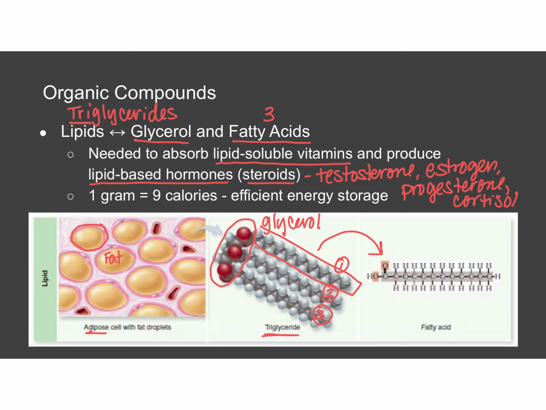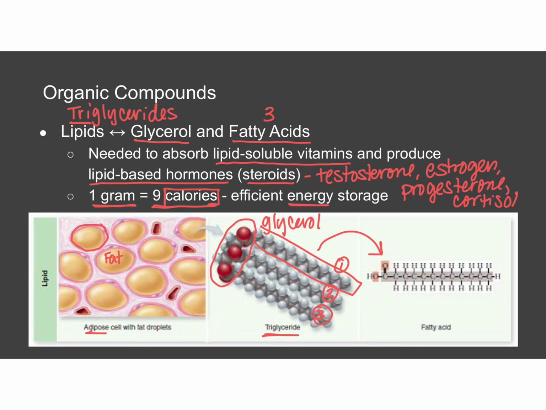Lipids are also the most efficient way for the cells in our body to store energy. So 1 gram of fat equals 9 calories. And a calorie is just a measurement of energy. So more calories means more energy.